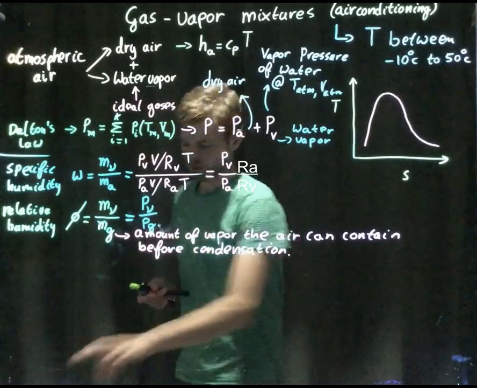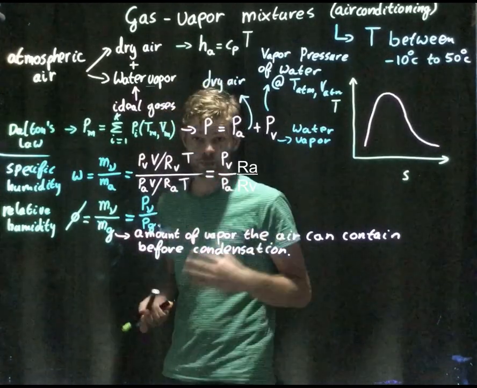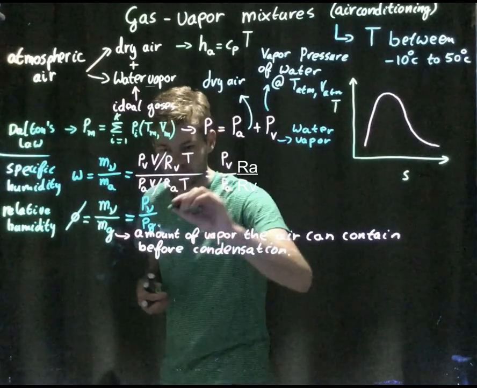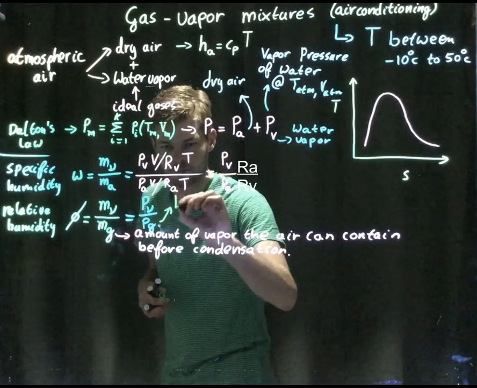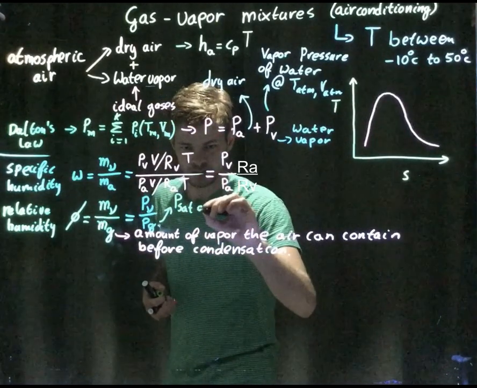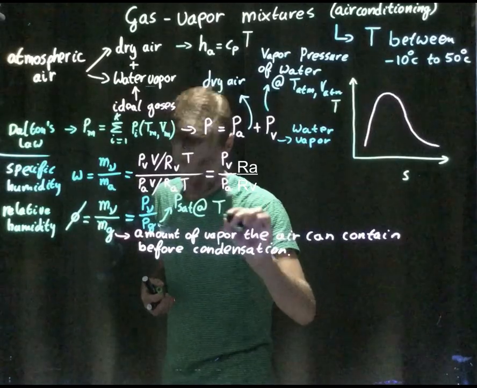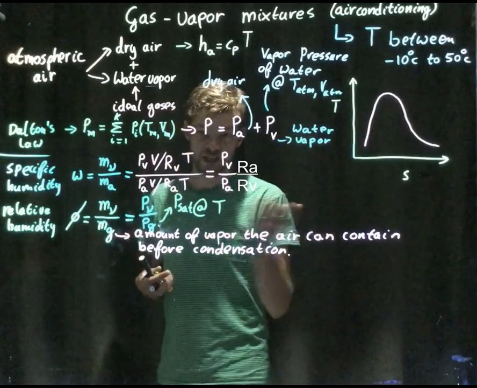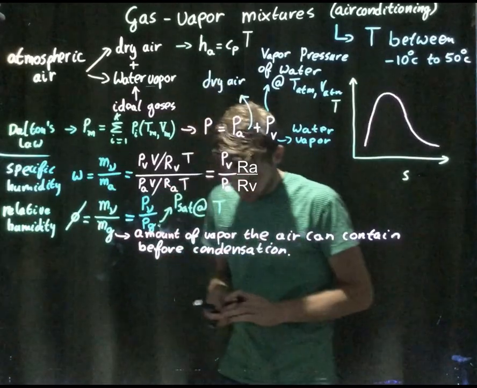Well, I think we're all familiar with Pg, because this is actually P sat, so the saturation pressure at the T, for instance, the temperature of the room or whatever.